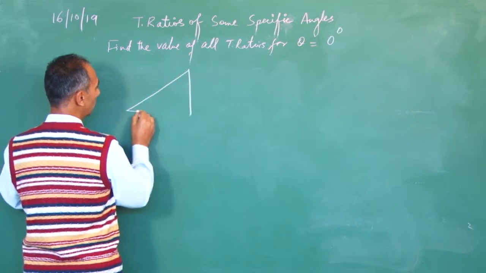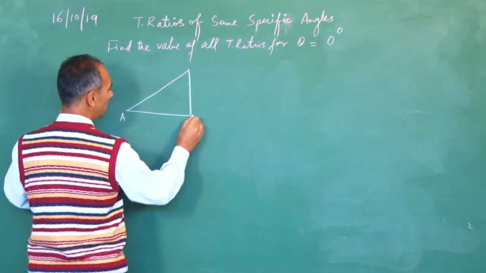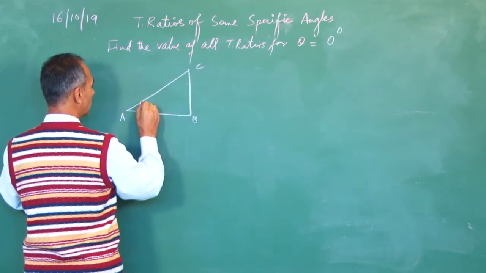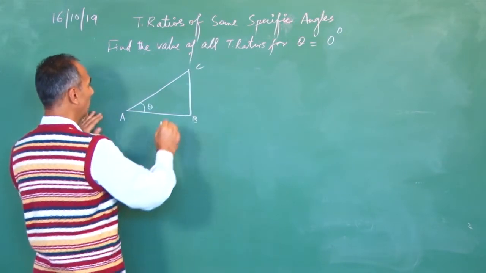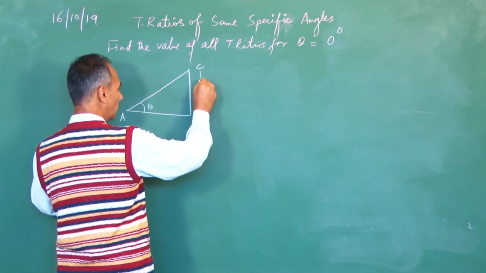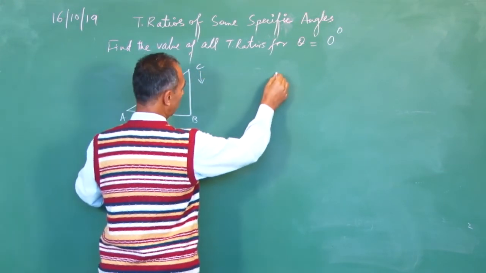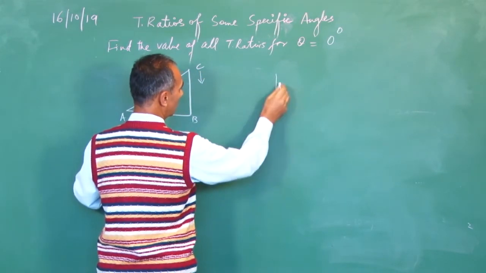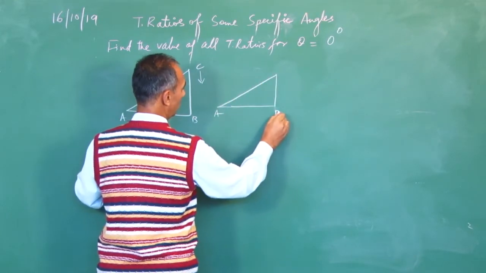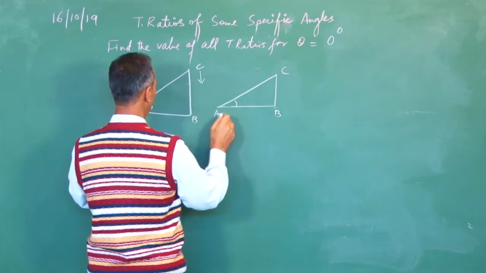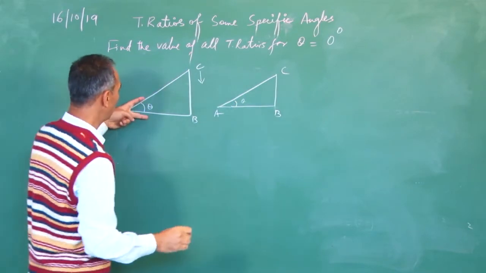If this is my first diagram, this is my right angle triangle ABC. This is theta. Now you are saying theta approaches 0. That means C has to come to B. So my second diagram will be like this, a little bit smaller. This is A, this is B, this is C. So we have to decrease the magnitude of this theta.